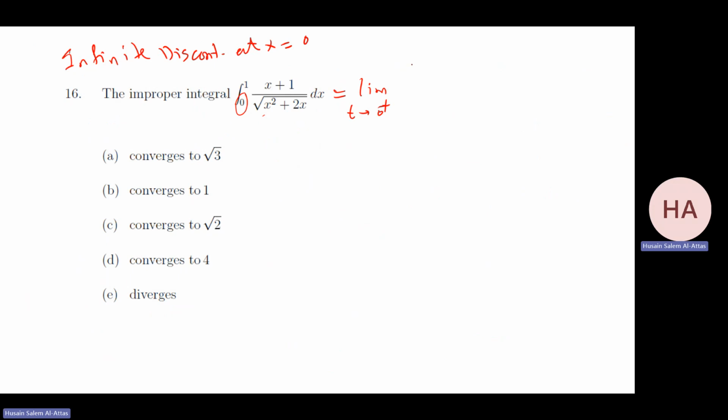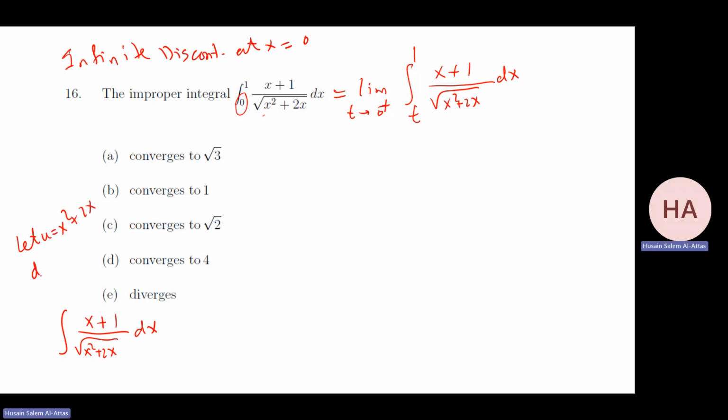So the integral from t to 1, since I changed this, of (x plus 1) over square root of x square plus 2x dx. Let me do the integration here. It's not a difficult integration, by the way. I let u be x square plus 2x. Then du will be 2x plus 2, which is 2 times (x plus 1). So I need 2 here and a half outside.